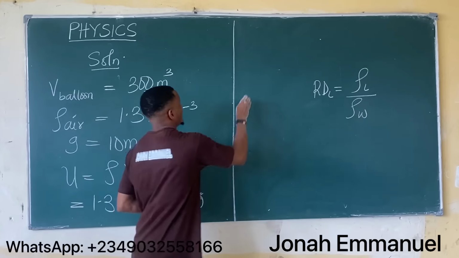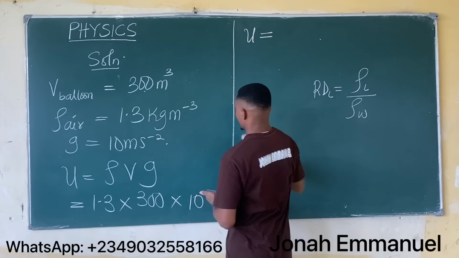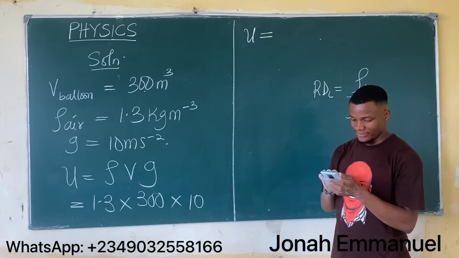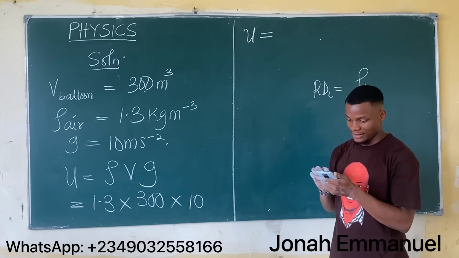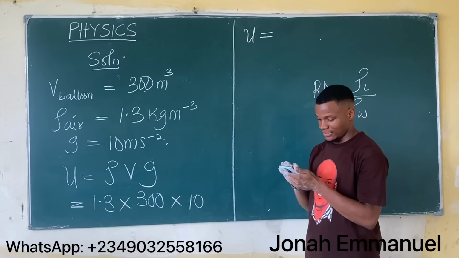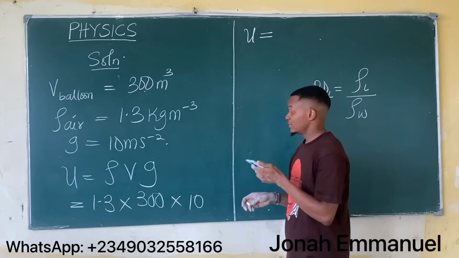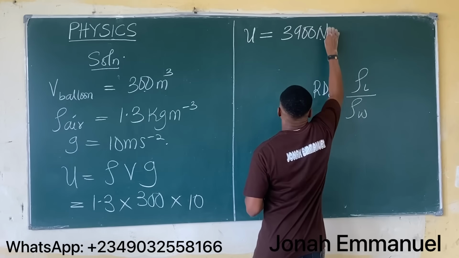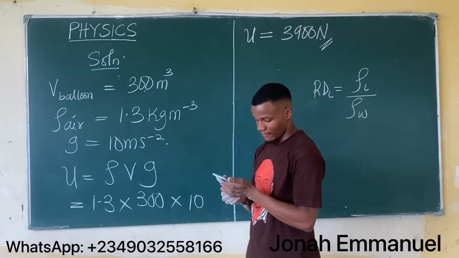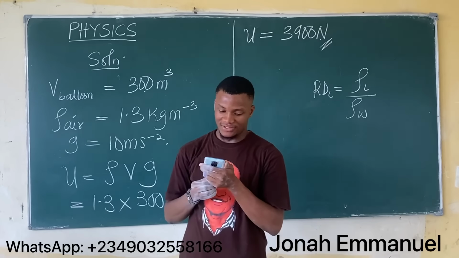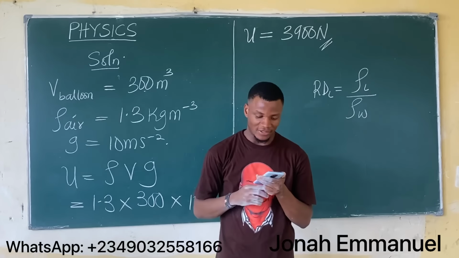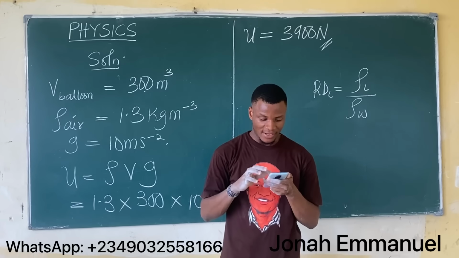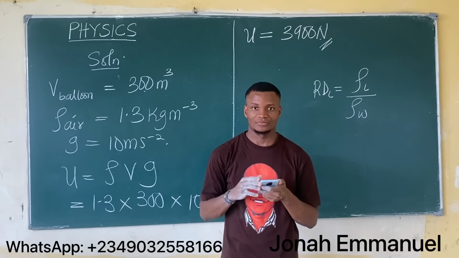So the upthrust is equal to 1.3 times 300 times 10, that's about 3,900 Newton. Alright, so that's the answer. That here is option C, 3,900 Newton. So that's how you solve this particular question.